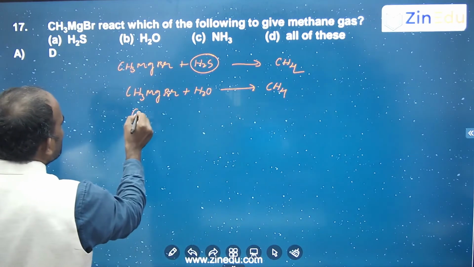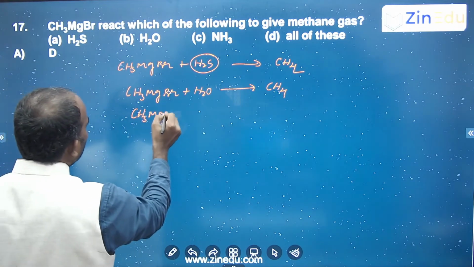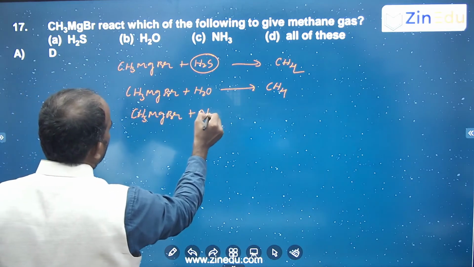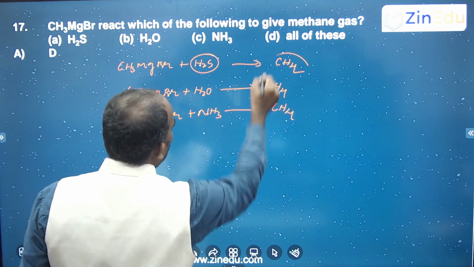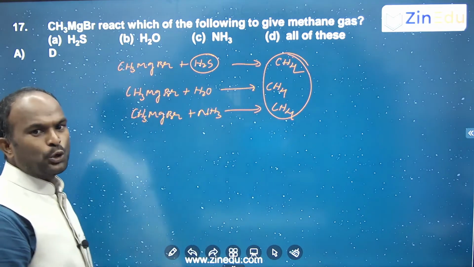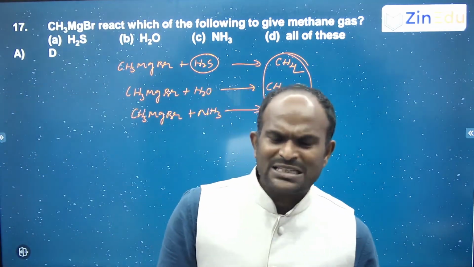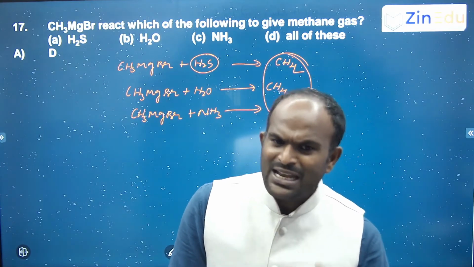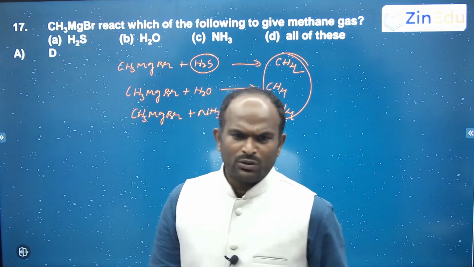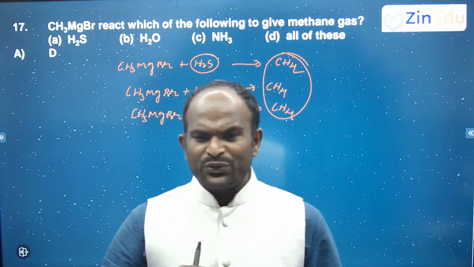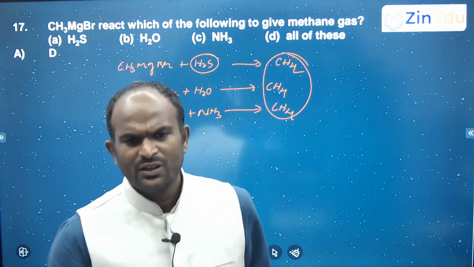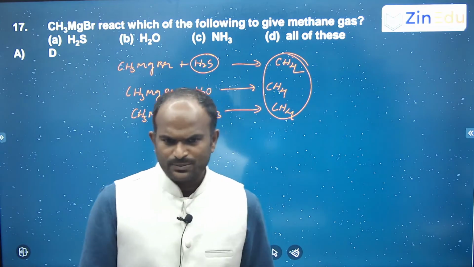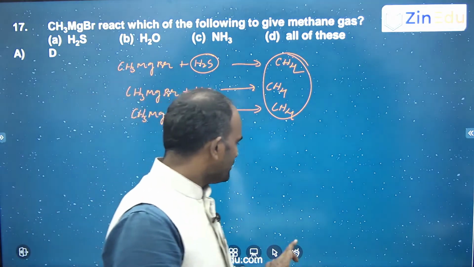And here CH3MgBr, when it reacts with ammonia, yes, it has a tendency to release H plus ion, giving methane. So active protonated compounds: when CH3MgBr reacts with any active protonated compound, definitely it will give methane gas. Right? Clear?